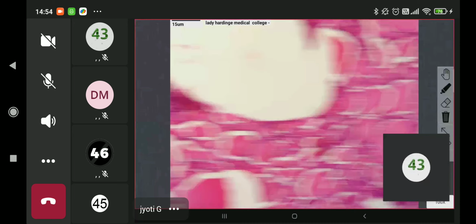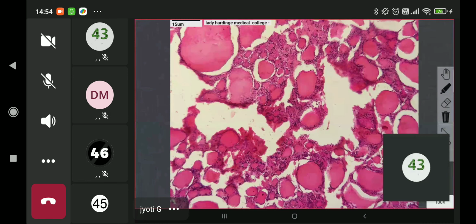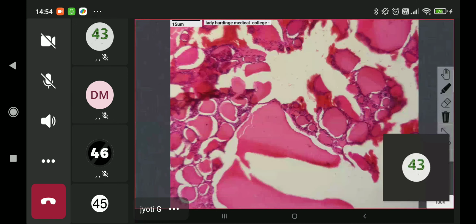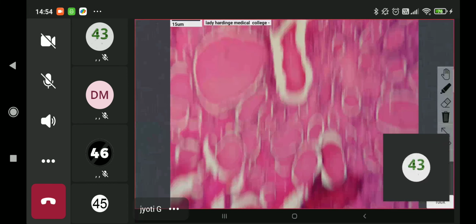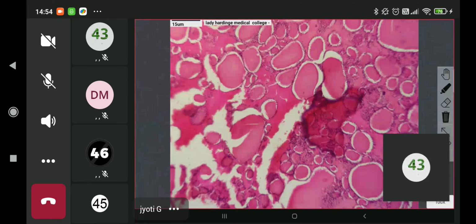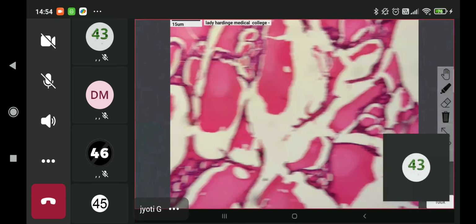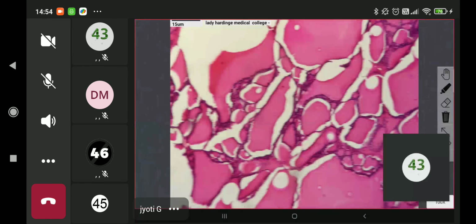Sometimes you can see foci of hemorrhage and calcification. Here there is a little hemorrhage in places, but not very significant. Calcification can be seen, and fibrosis can be seen in long standing cases. Otherwise, mostly it's a spotter where you make the diagnosis based on the presence of these different sized follicles throughout, diffusely. There is diffuse enlargement of the thyroid gland, and you see some are very huge, filled with colloid.